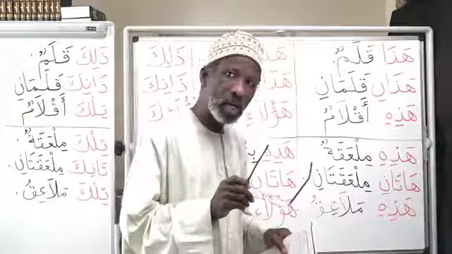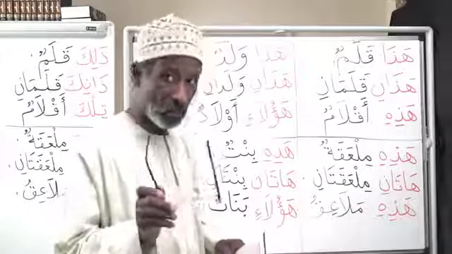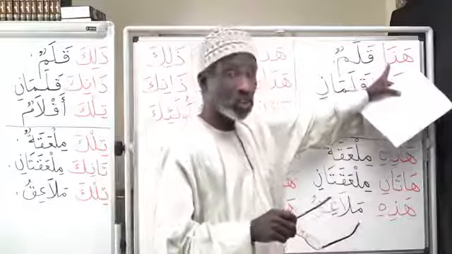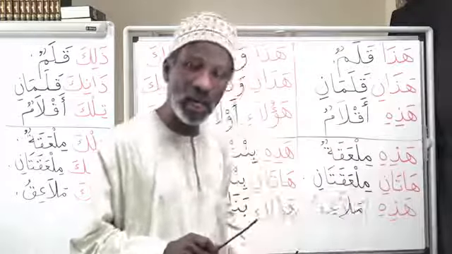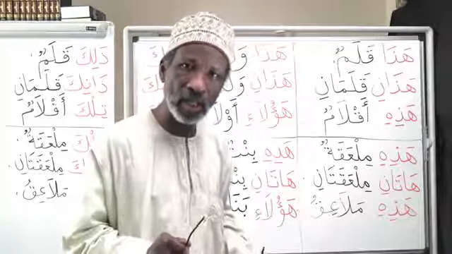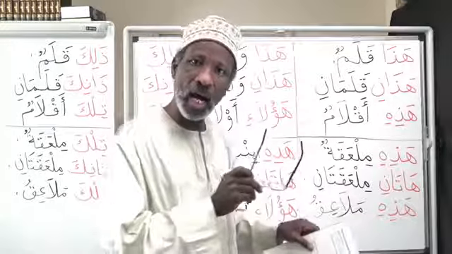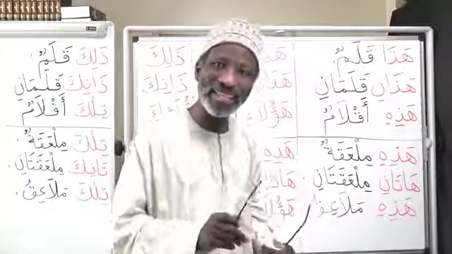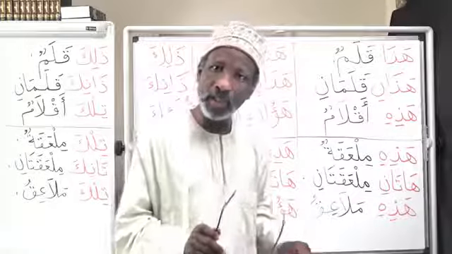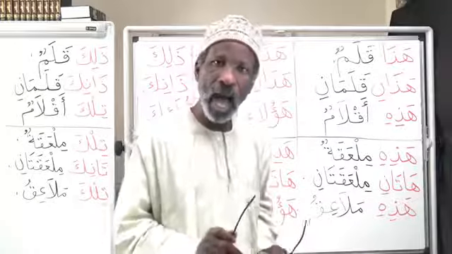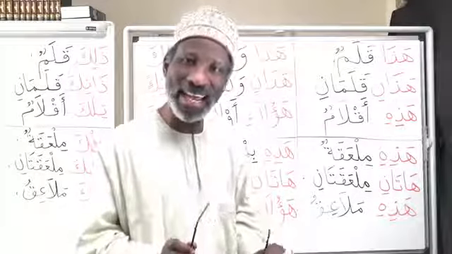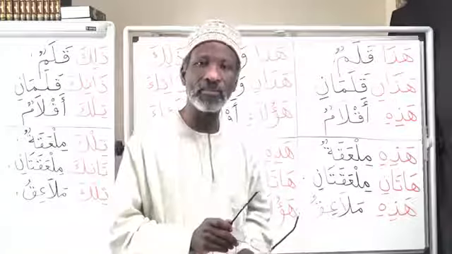We learned before the demonstrative pronoun in singular for masculine. هذا قلم. This is a pen. قلم is an object. And you will say هذان قلمان.